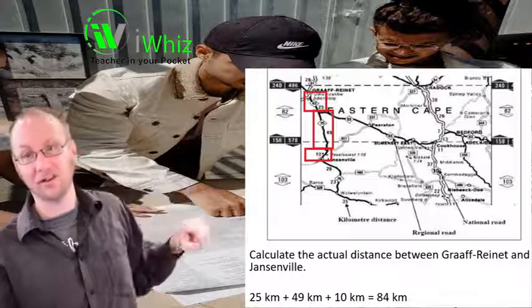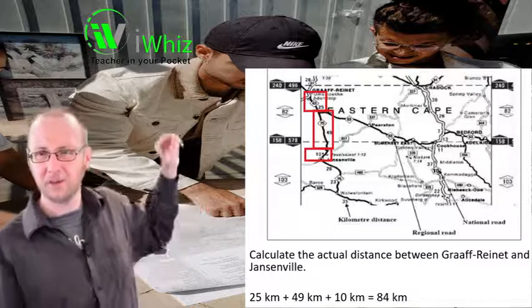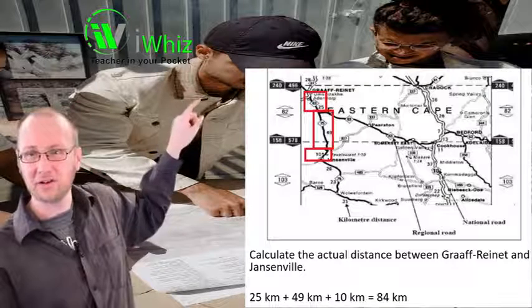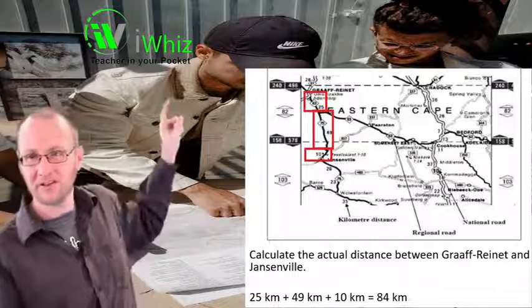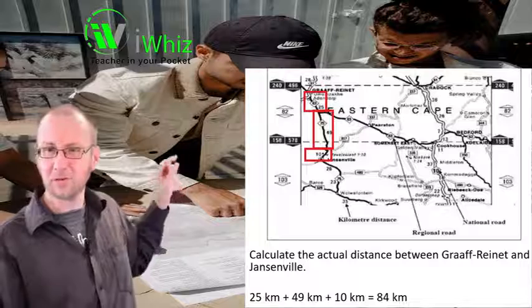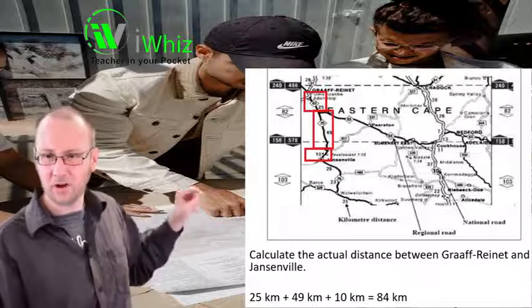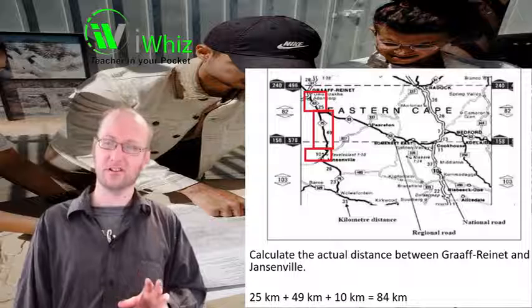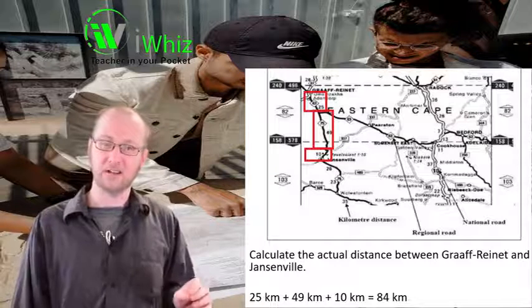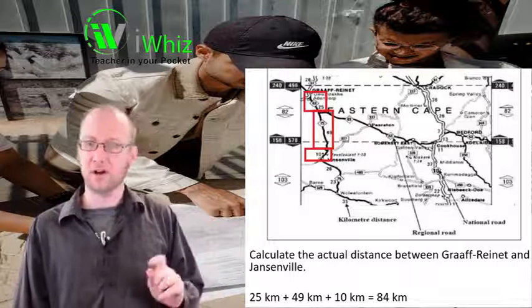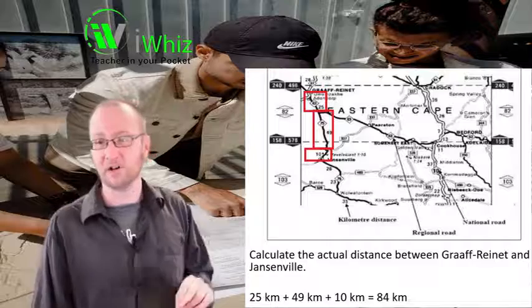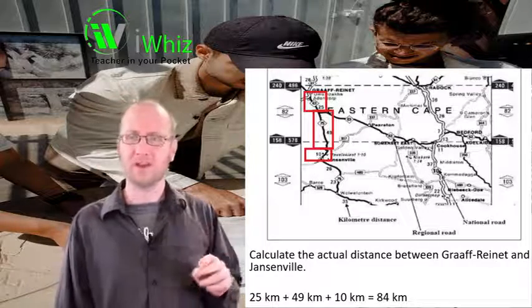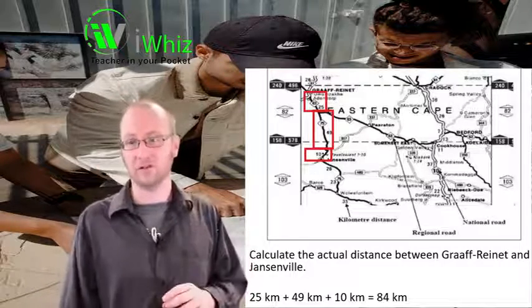The first block is about 25 kilometers, the second block is 49 kilometers, and then the last block is another 10 kilometers. So to get the total distance between Graaff-Reinet and Jansenville, we go 25 plus 49 plus 10, which gives me an answer of 84 kilometers.